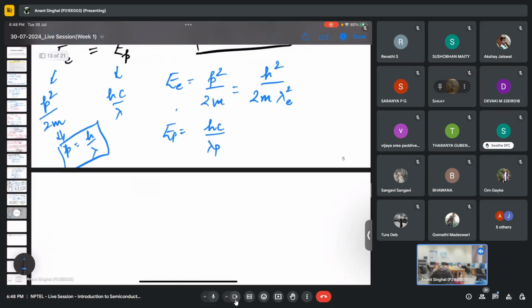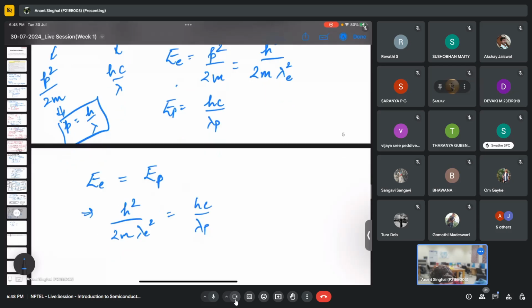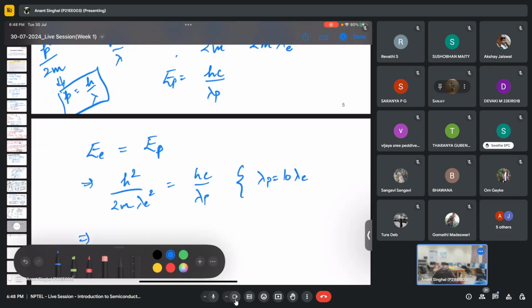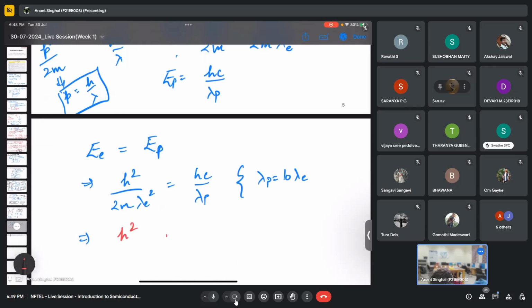What is given is that E of electron equals E of photon. So h square by 2m lambda e square equals hc by lambda p. And we want lambda p to be 10 times lambda e, so I'm substituting that: h square by 2m lambda e square equals hc by 10 times lambda e.